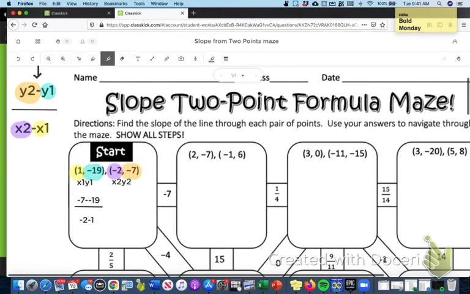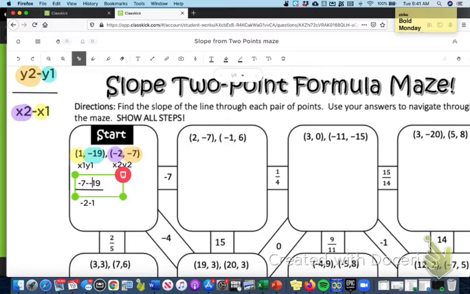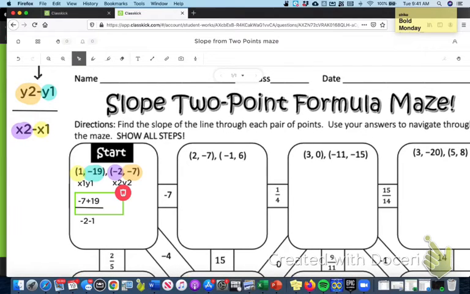Okay? So now that we got it subbed in there, I need to look for any double negatives, which I have right here, because it's -7 minus a -19. So I'm going to go ahead and click in there just because I don't have a ton of space. I'm going to backspace, and I'm going to replace that with a plus, because minus a minus means a plus. -7 plus 19 is going to give me 12.